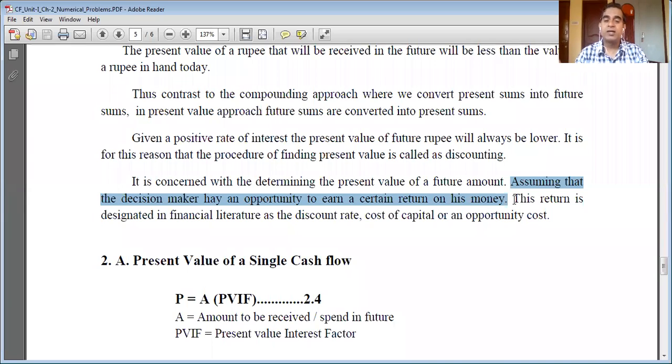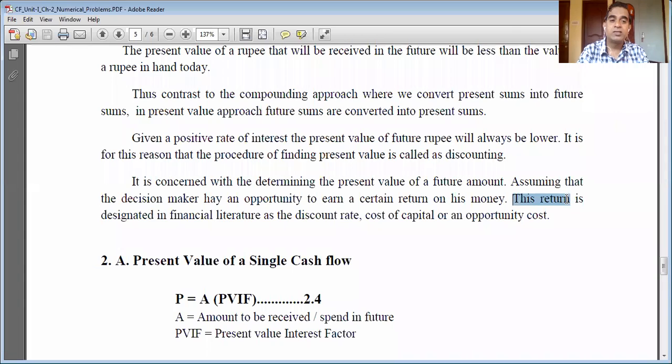As we learned, 1,000 rupees invested today for 2 years at the rate of 6% will accumulate to 1,126 after 2 years. So 1,126 rupees of future is equivalent to 1,000 rupees of today. For comparison purposes, we convert present values into future and future values into present.